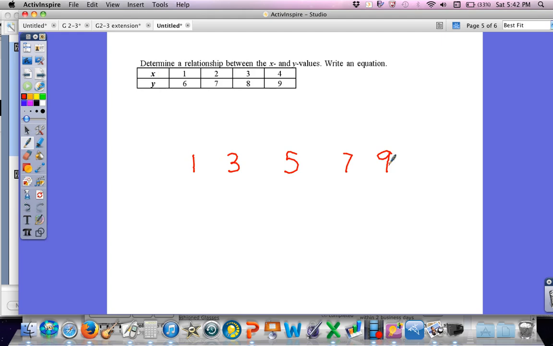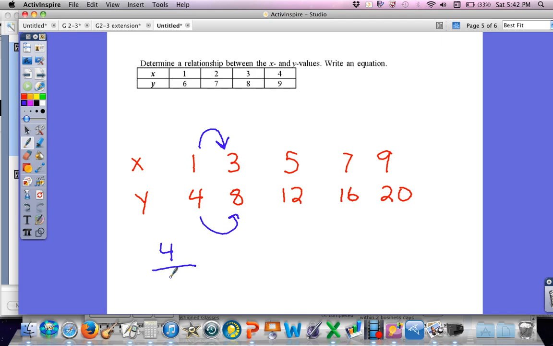1, 3, 5, 7, 9. And I'm going to call this 4, 8, 12, 16, 20. I think you get here that on this problem, my y value is increasing by 4 each time.